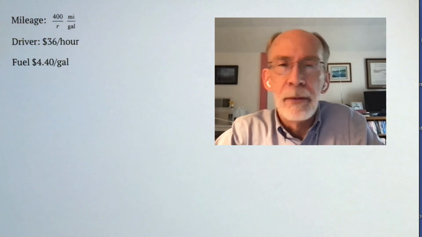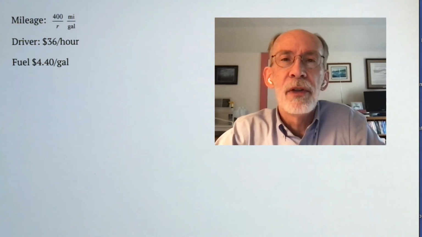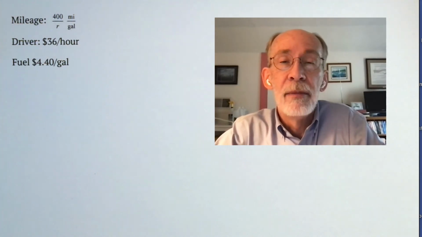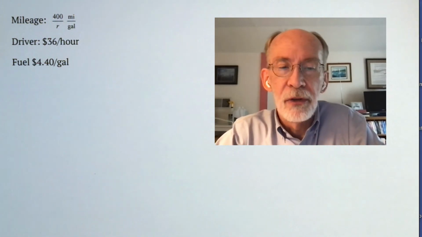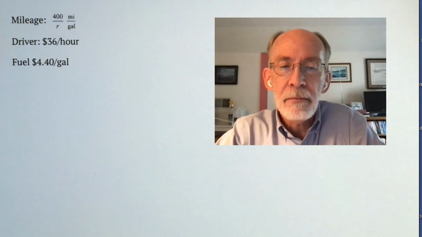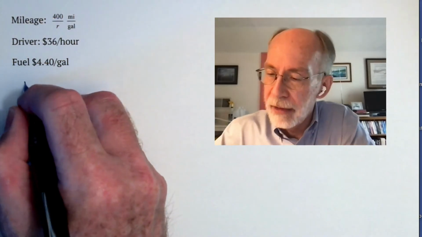We don't lose anything, and we gain a little bit of convenience if we just try to figure out the minimum cost of going 1 mile. So let's assume that the distance involved is a constant 1 mile. And let's think about the cost first of the driver.